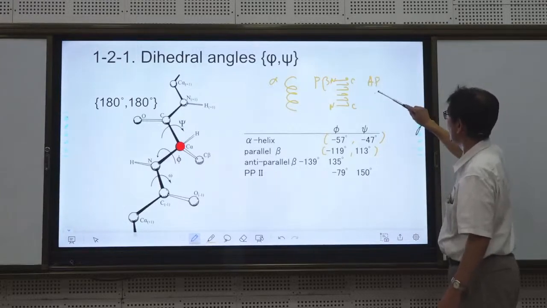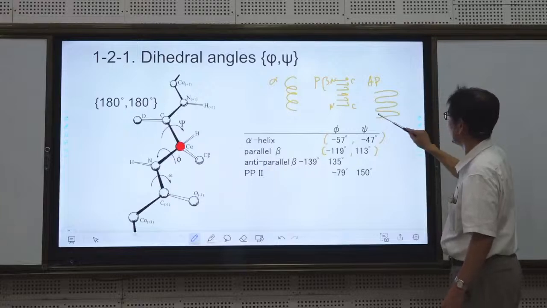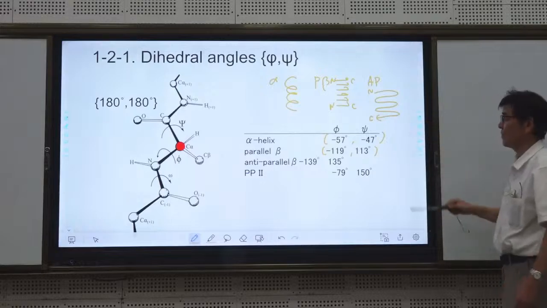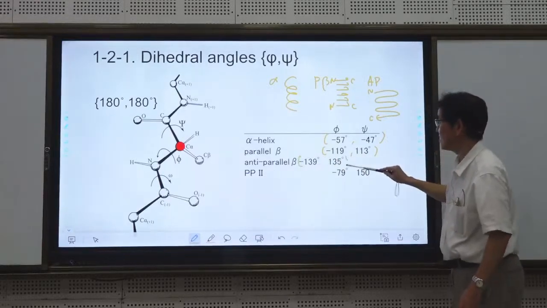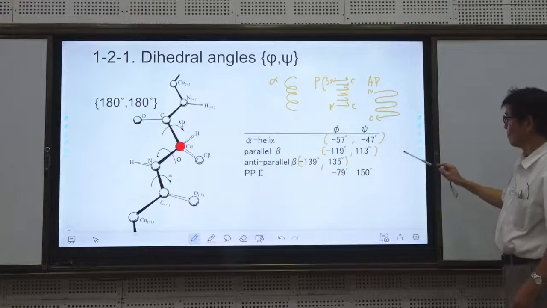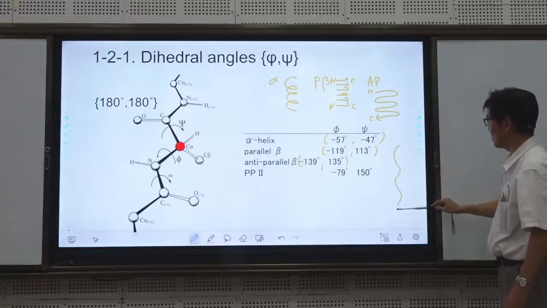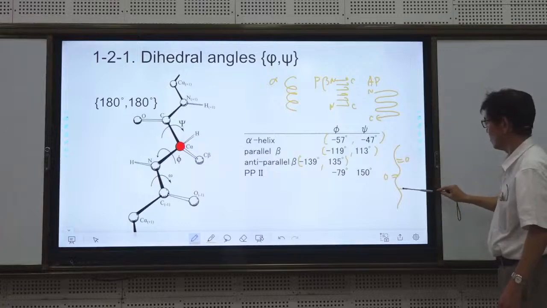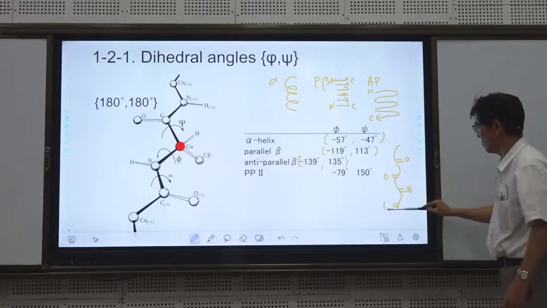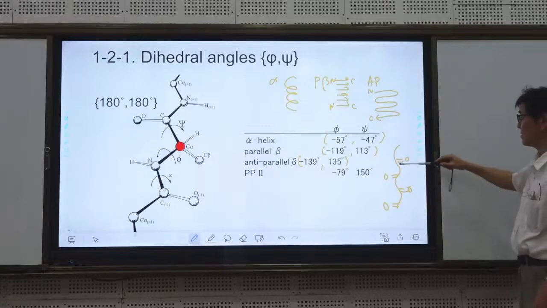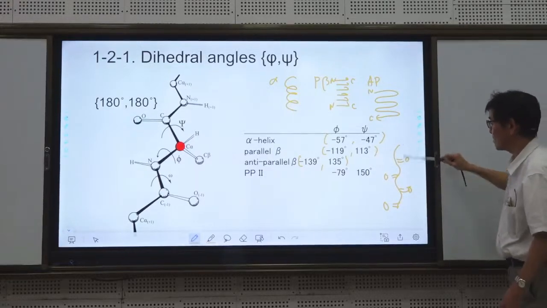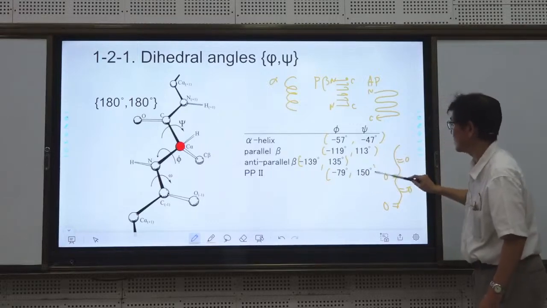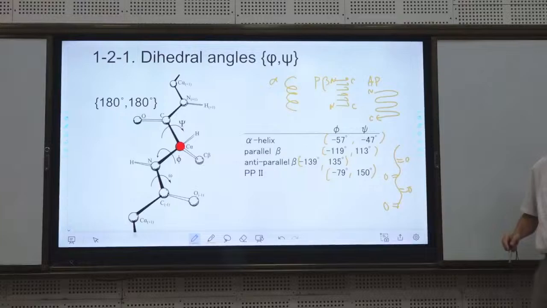Anti-parallel beta, the value is in this region. Polyproline 2, with the CO pointing directly perpendicular to the extension axis, the dihedral angle is something like this.